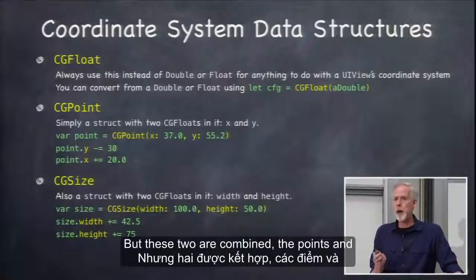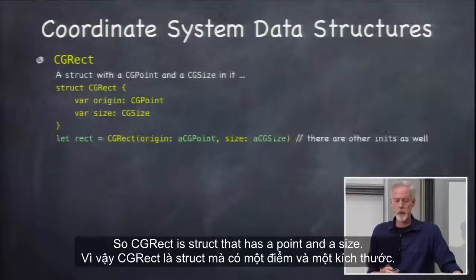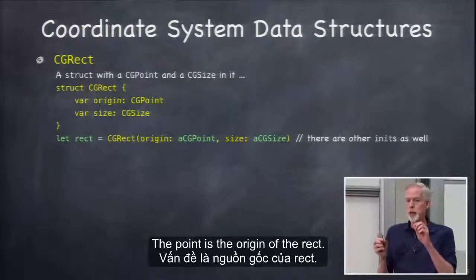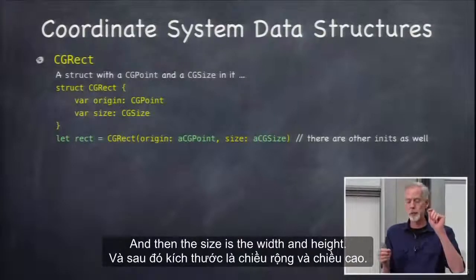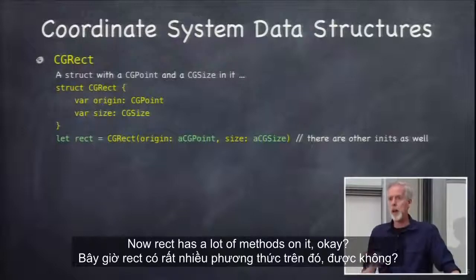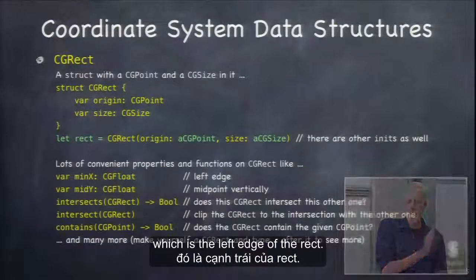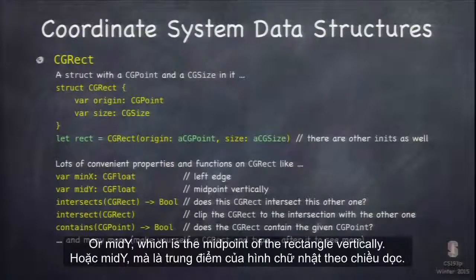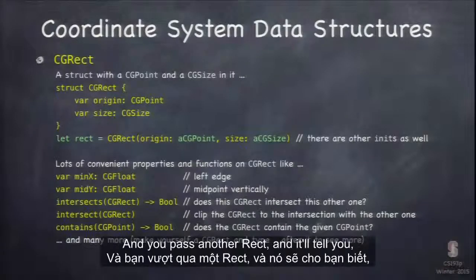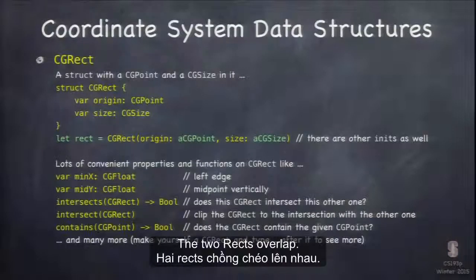But these two are combined, the point and the size, into CGRect. So a CGRect is a struct that has a point and a size. The point is the origin of the rect, upper left, which I'm going to talk about in a second. And then the size is the width and height. Now, rect has a lot of methods on it. Okay, rect has things like minX, which is the left edge of the rect, or midY, which is the midpoint of the rectangle vertically, or intersects, where you pass it another rect and it'll tell you as a Boolean whether the two rects overlap.